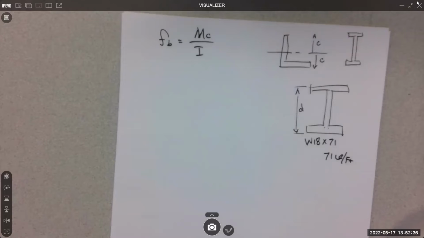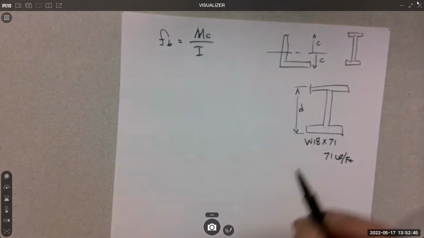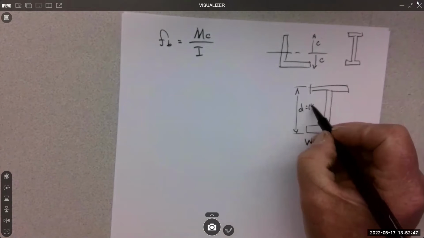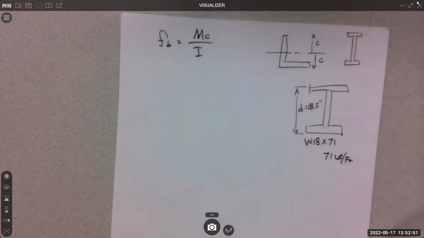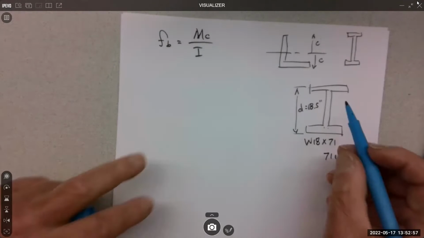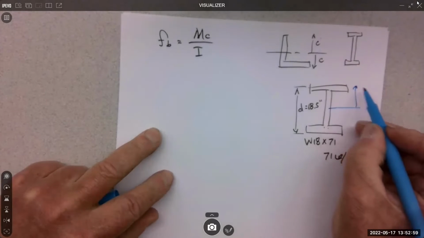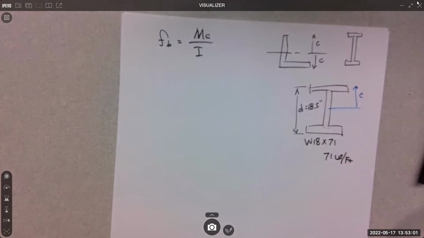I can find the W shapes. 18 by 71, the height of it is 18.5. So that gives me C right away, because this thing is symmetrical. C value, 9.25, right?